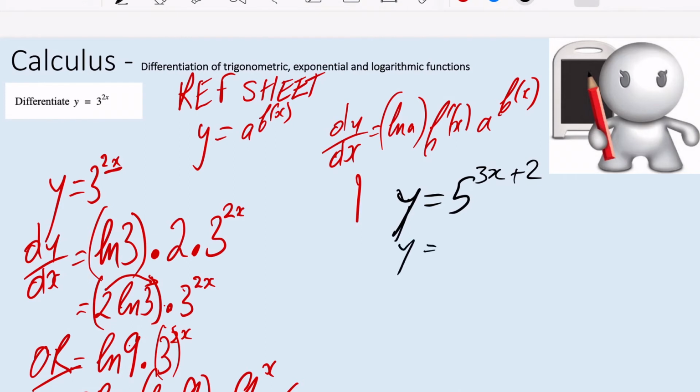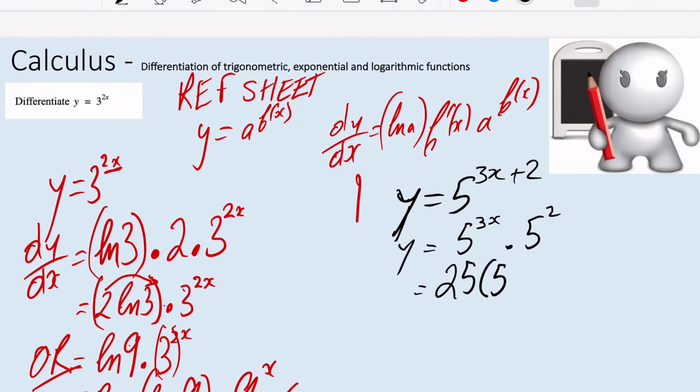Now, this is really 5 to the power of 3x multiplied by 5 squared, which is 25.